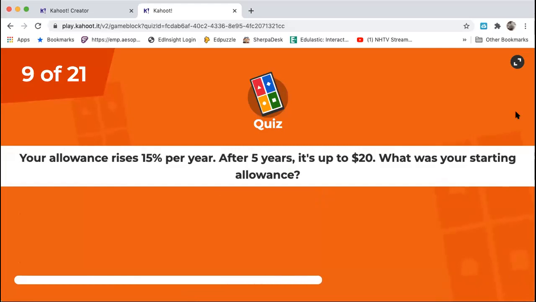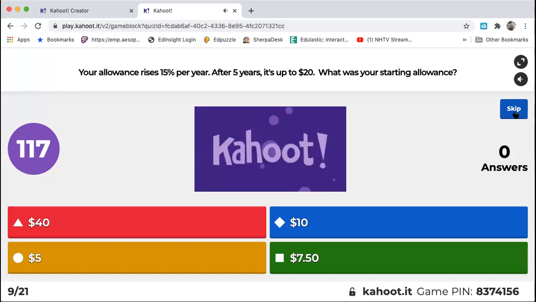All right, so word problem here. We haven't done one of these in a little while. Your allowance raises 15% each year. After 5 years, it's up to 20 bucks. What was your starting allowance? So you have your initial amount times 1 plus the rate to the power of time. That's our exponential growth function. Your goal is to find out the initial amount. We know the other information.